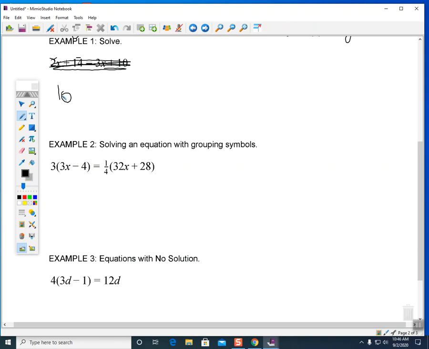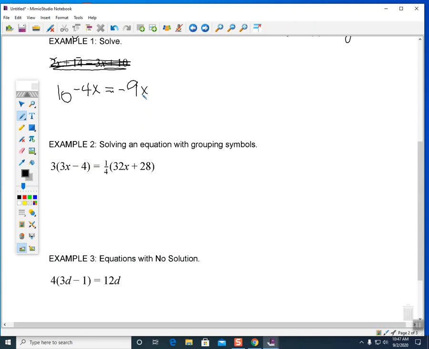We're going to do 10 minus 4x equals negative 9x.